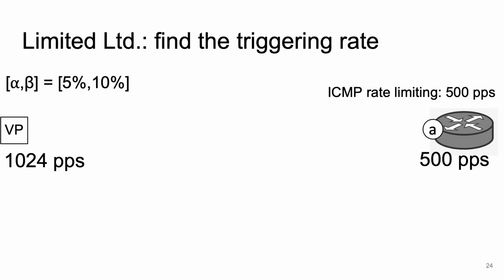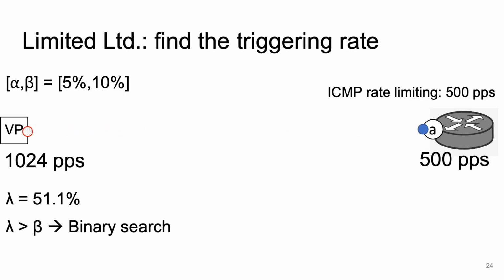It is only when you arrive at 1024 packets per second that you trigger a loss rate which is above beta, 51.1%. So we start a binary search in order to find the right rate to probe, in order to have a lambda which falls within the target loss rate interval.